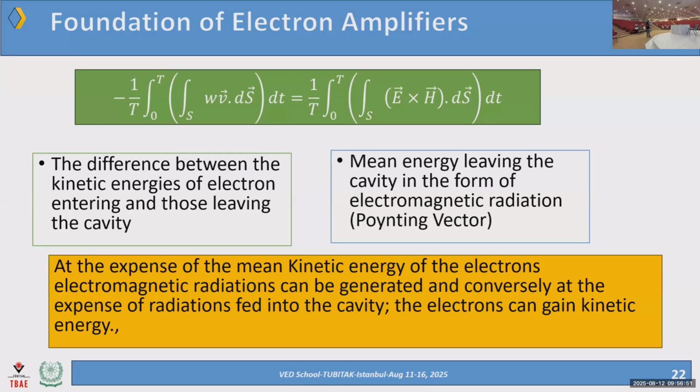And that cycle can have a feature that the difference of energy can leave or enter through the cavity. So the moral of the story is that at the expense of the velocity of charges, we can generate electromagnetic radiation.